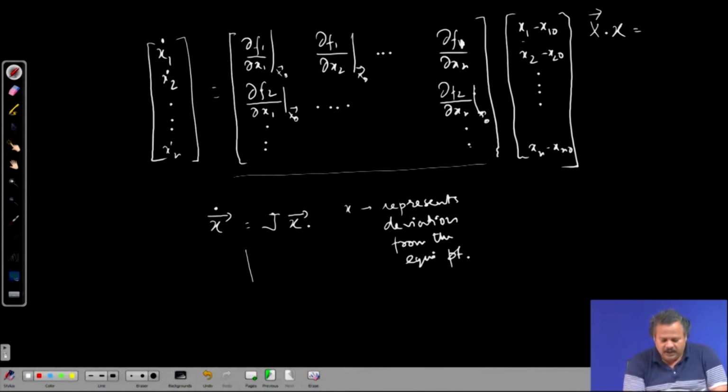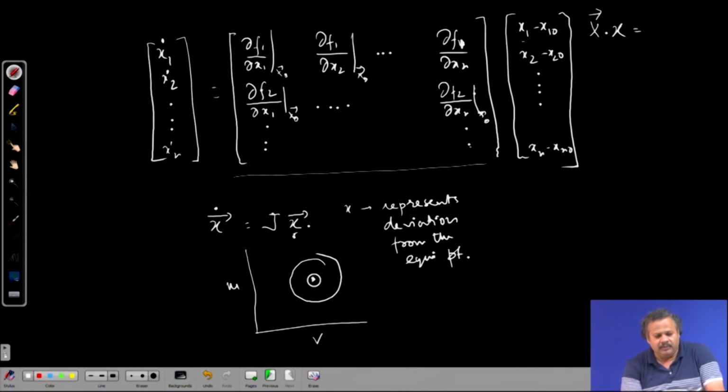That is, we had this in our case v and m in two dimensions, and this is, let us say, the equilibrium point. Then the 0 of this x is at the equilibrium point, and x is representing any position with respect to this axis.